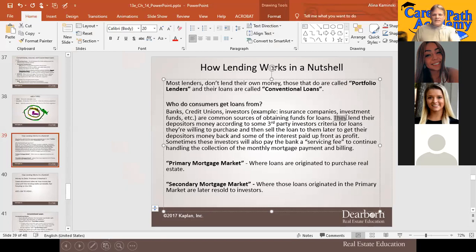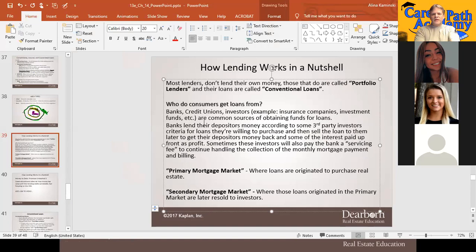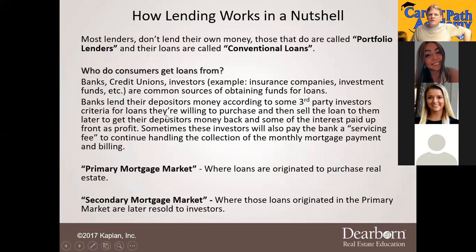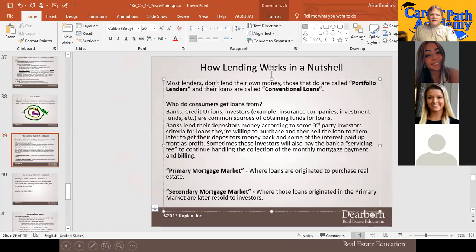Banks lend their depositors money according to some third-party investors' criteria for loans that they're willing to purchase. And then they sell the loan. Have you ever gone into a bank to get a loan and they talk about their lending guidelines?